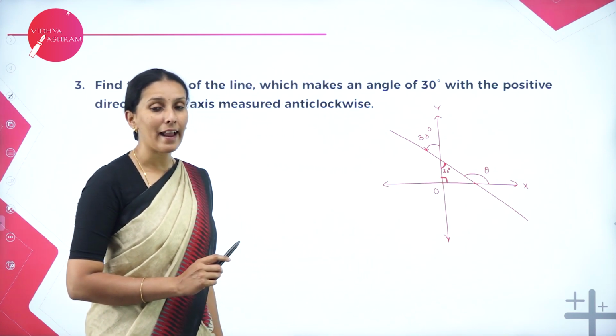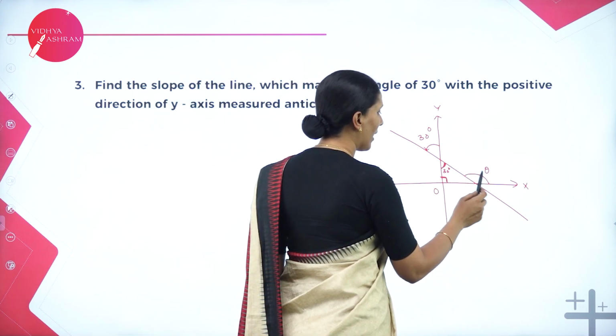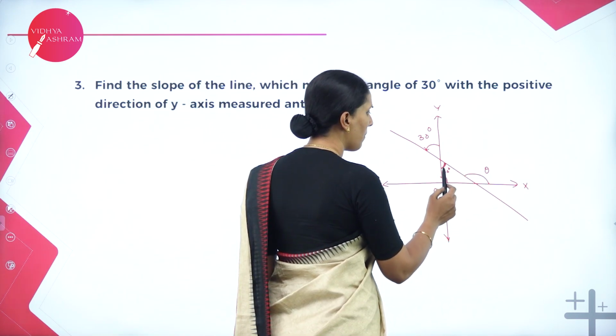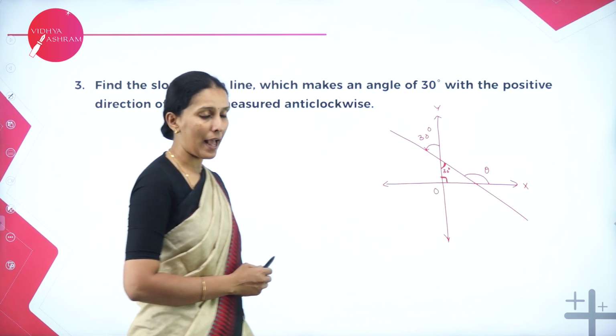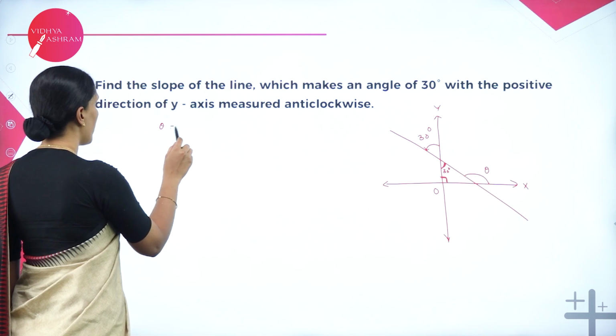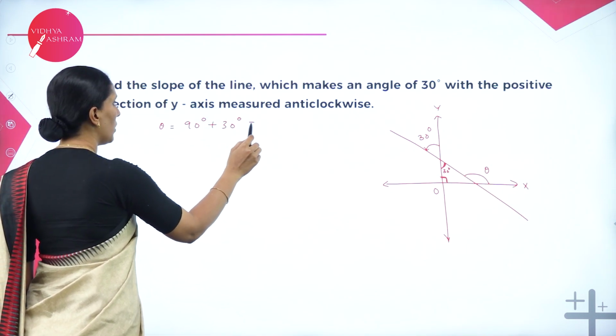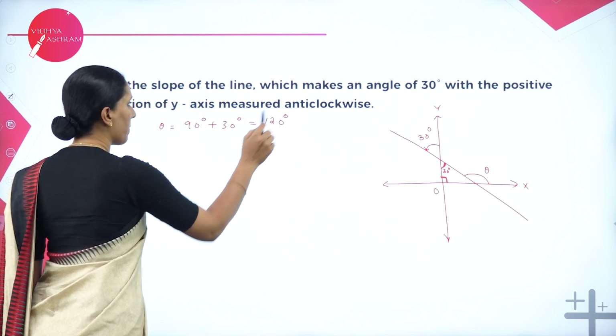Using the exterior angle property of a triangle, any exterior angle is the sum of the two opposite interior angles. Therefore theta will be equal to 90 plus 30, which is equal to 120 degrees.